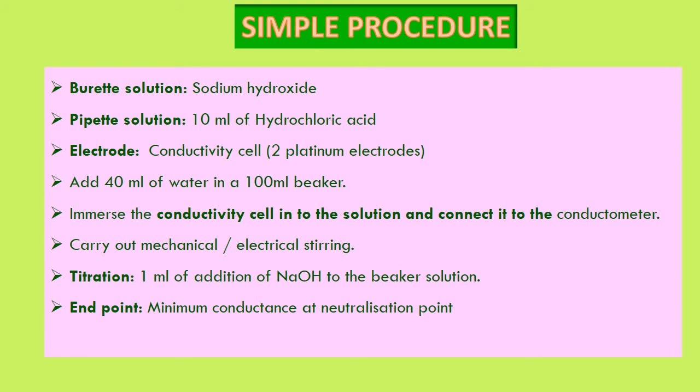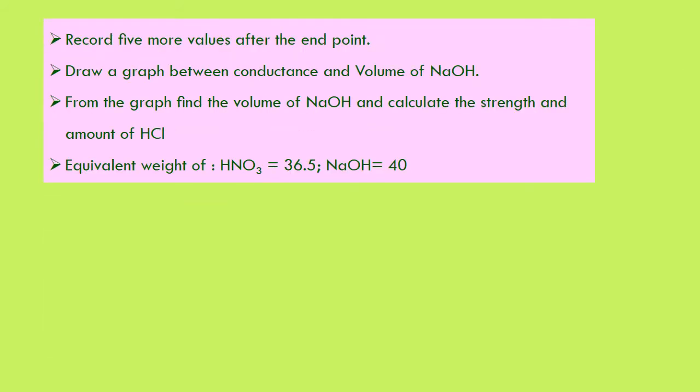Endpoint: minimum conductance at the neutralization point. As we add NaOH from the burette, the conductance gradually decreases and reaches a minimum value. After reaching this minimum value, further addition of NaOH will increase the conductance. So the endpoint is the minimum conductance at the neutralization point. Record 5 more values after the endpoint, where the conductance will gradually increase. Draw a graph between conductance and volume of NaOH.